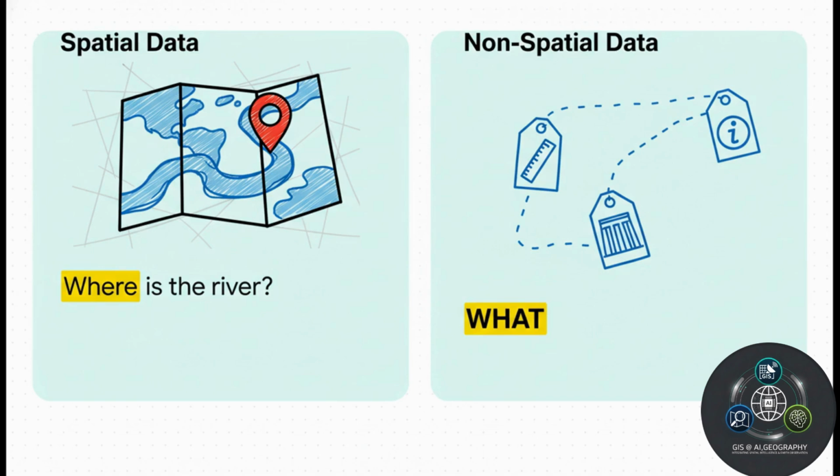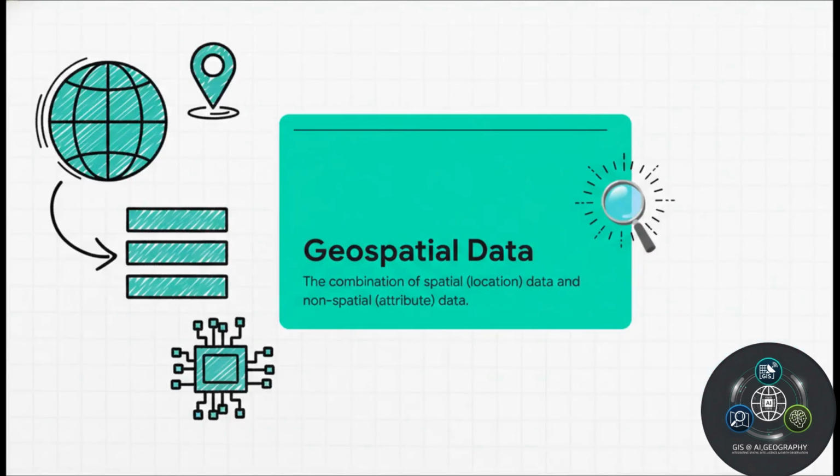This is the what. It's all the juicy details, the attributes, its name, its length, all those facts about the river. And when you combine those two, when you link the where with the what, you get something called geospatial data. This is the absolute foundation of any geographic information system, or GIS. It's what gives a map its brain.